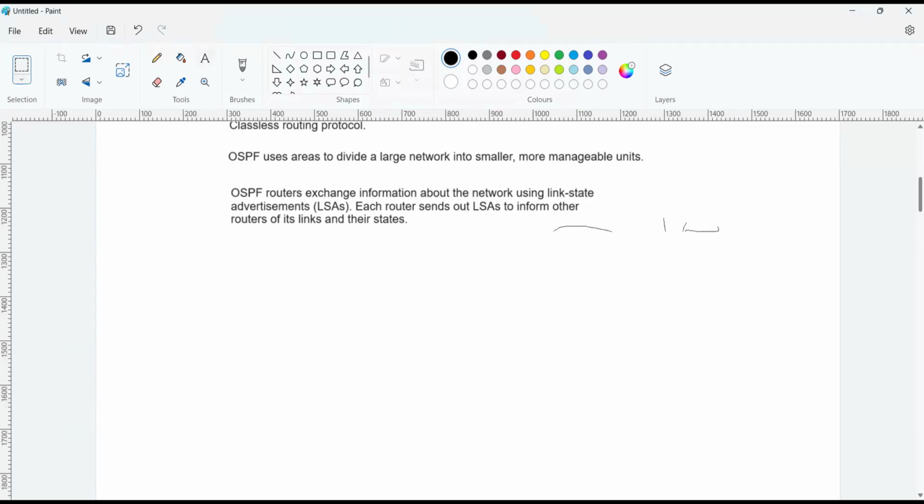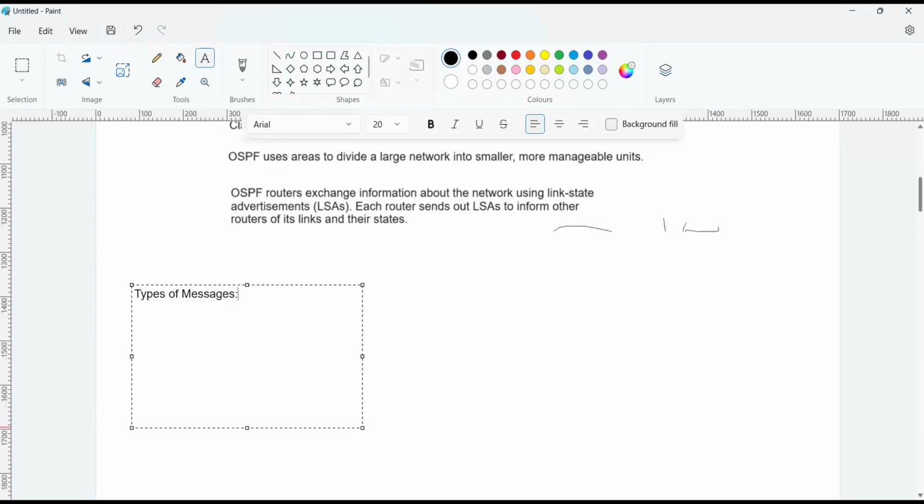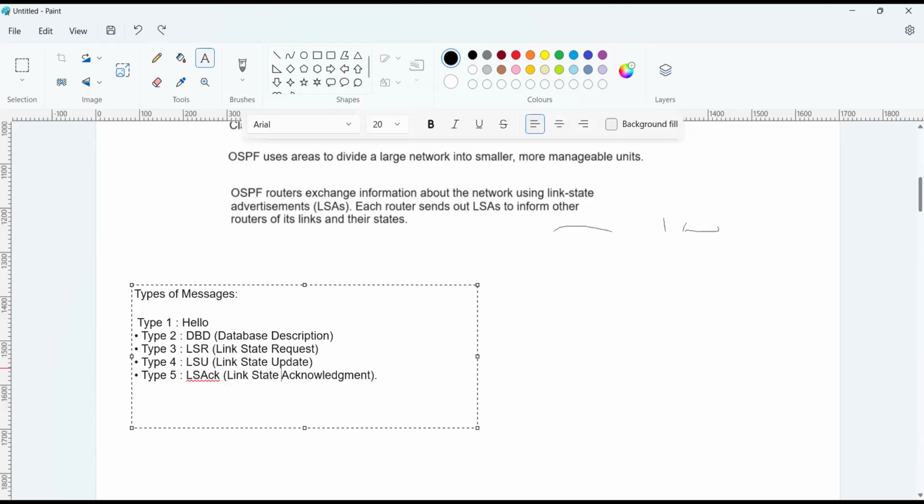Type 1 is the hello packet, type 2 is DBD, database description, type 3 is LSR, link state request, type 4 is LSU, link state update, and type 5 is link state acknowledgement. These are the 5 types of packets.